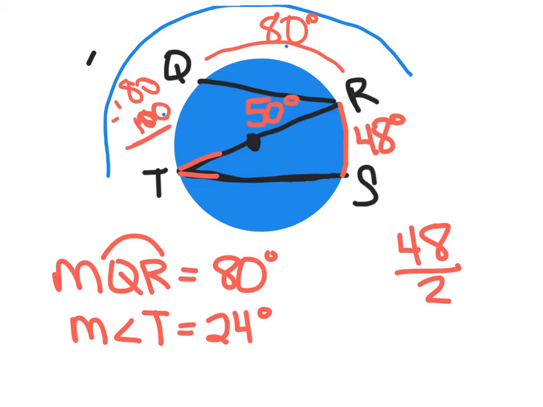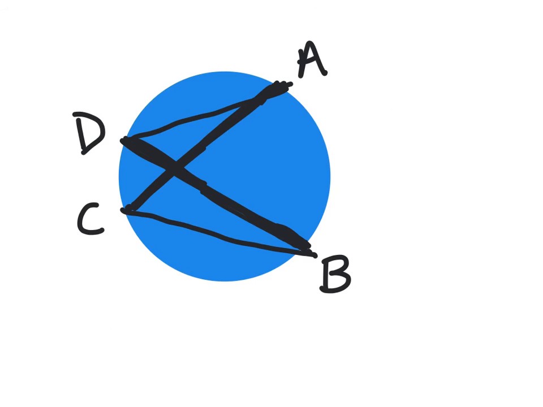Let's take a look at another. All right, now sometimes you're going to have pictures like this. We do not have any diameters in this picture, but what I wanted to point out for you, angle D, if you look at how it's opening, opens up to arc AB.